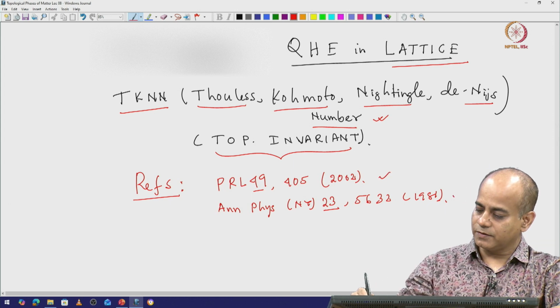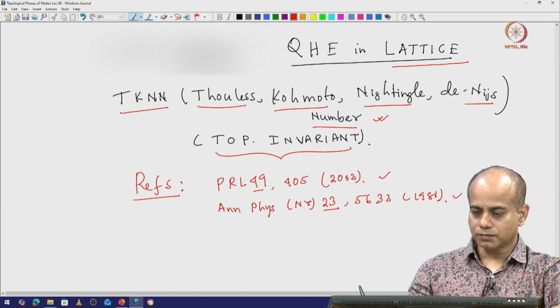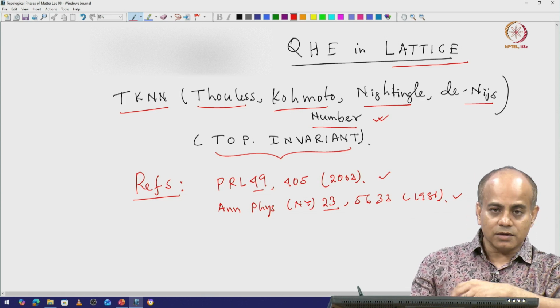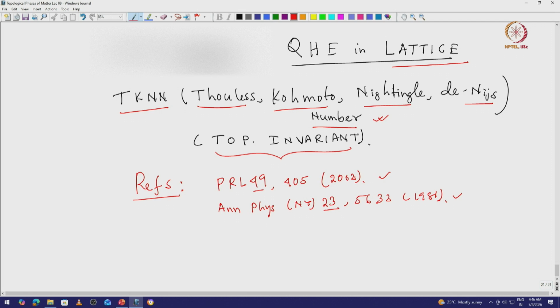So, these are the two references, and it was also studied by many people subsequently, showing how this Chern band also leads to a metallic edge state. We talked about the charge pumping giving us Landau levels at the edge will have a metallic energy level, and we will see that they will have metallic bands, and that is what is causing the edge current.